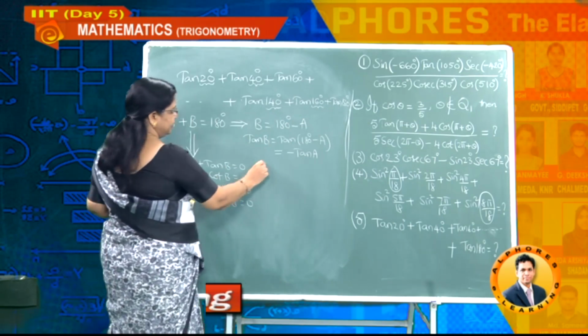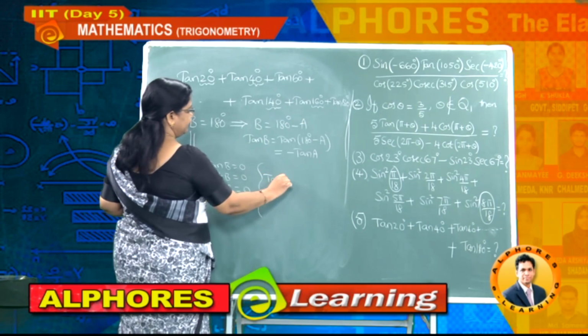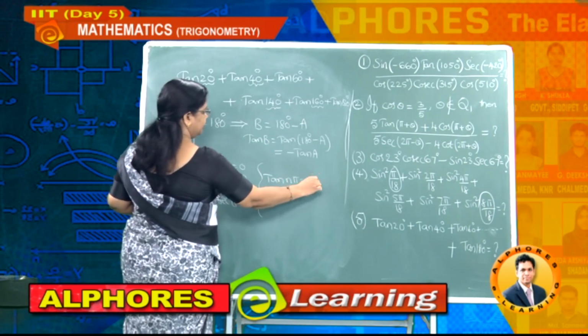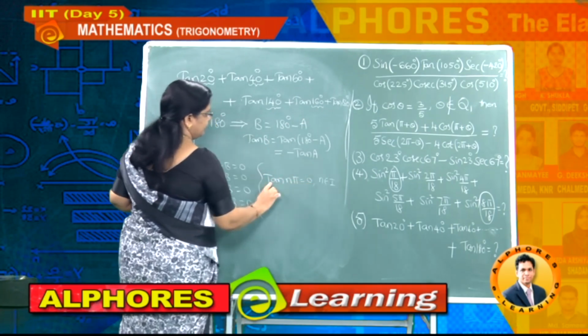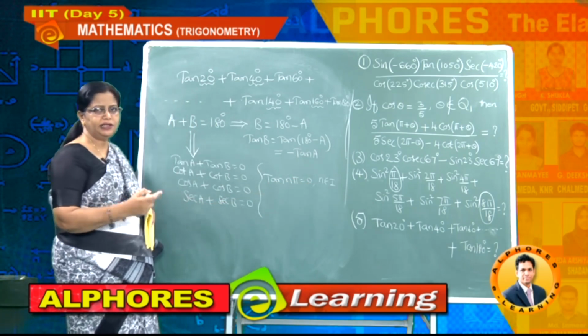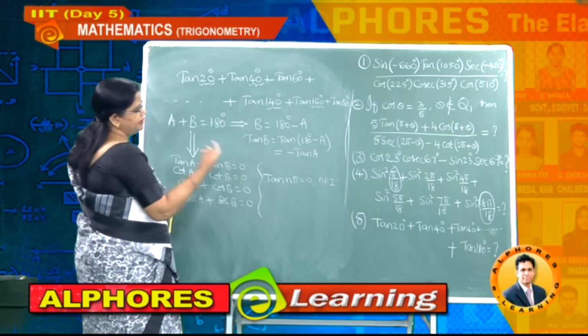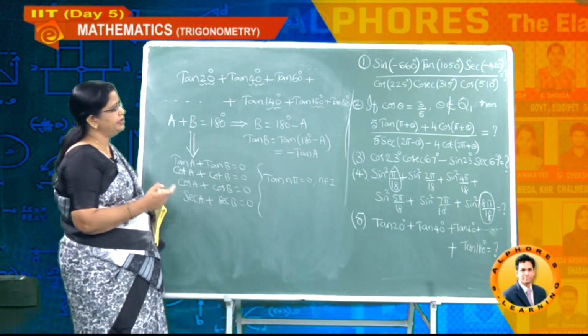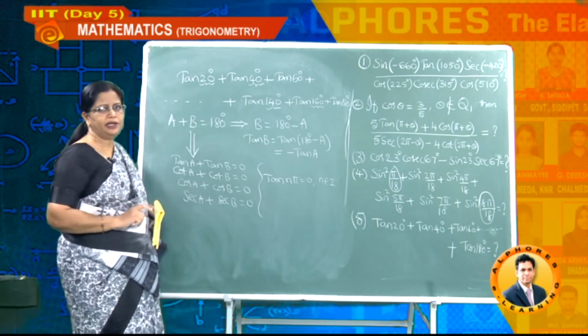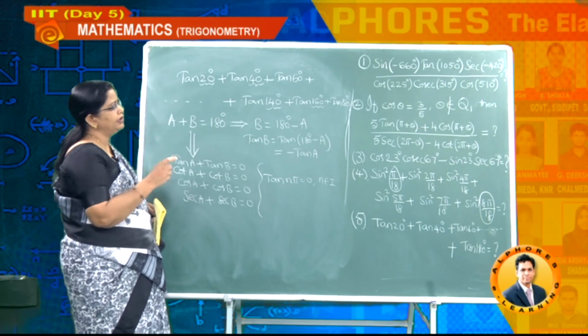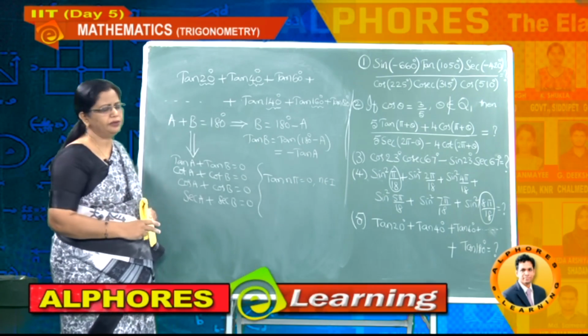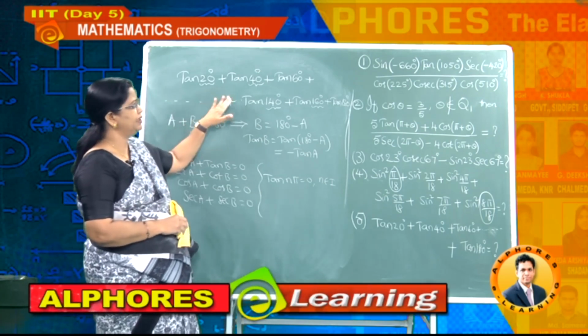Yesterday we observed tan n pi equals 0 for all n belonging to integers. Tan 180, tan 360, tan 0, etc. all values are zeros. But dear students, while doing this kind of problems, the middle term is always very important. How many terms are existing?